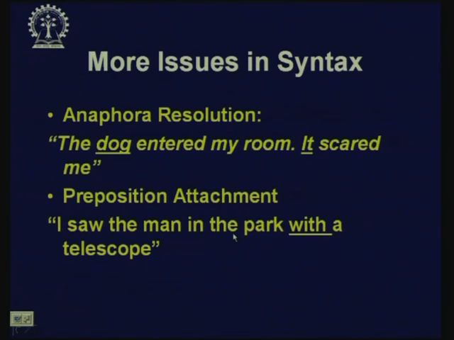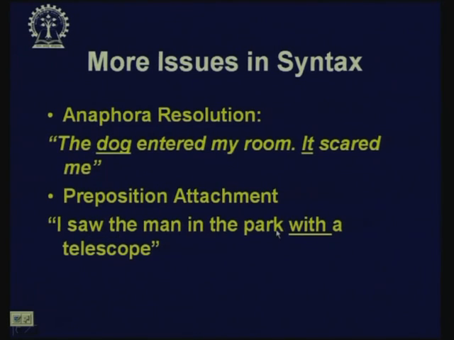The second one is a more interesting problem. I saw the man in the park with a telescope. See, there is a lot of problem here. I can interpret it in different ways: that I could see the man because I had a telescope, I saw with a telescope, and what did I see?